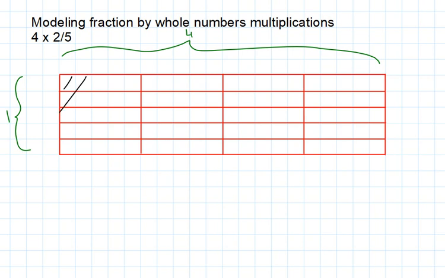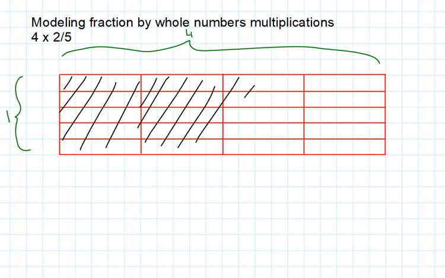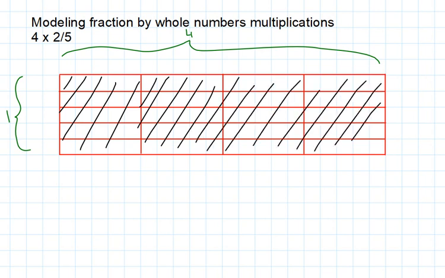So for the fifths, we have 1/5 for each one of those squares. And here, those 2 would be the 2/5.